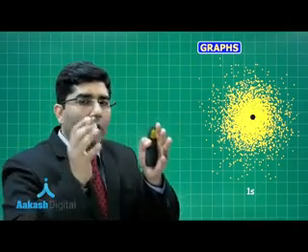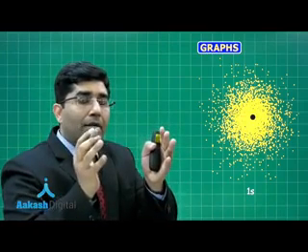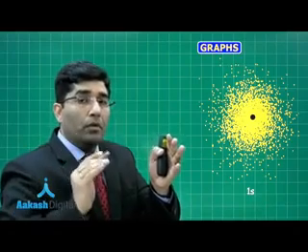Now what do we want? We want a spherical surface whose surface area should be significant and the probability should also be more. What is happening here?